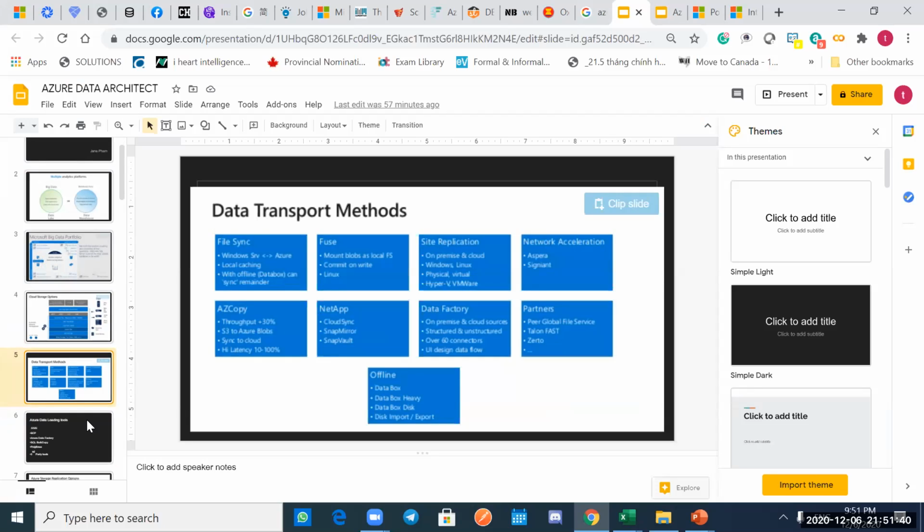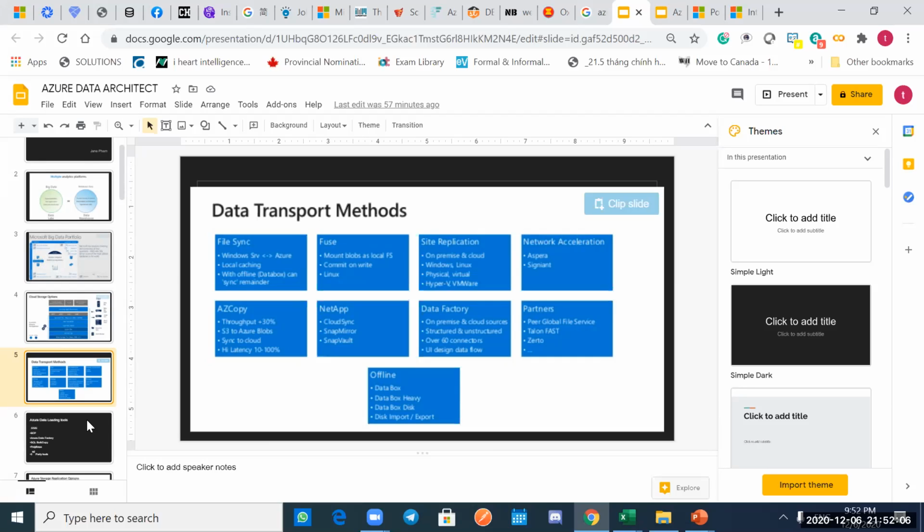Here are some of the tools. You have file sync, which is between Windows Server and Azure, local caching. You have fields, which is like malloc in your local FS on your Linux VM, and site replicate, where you have different machines and you replicate the data.